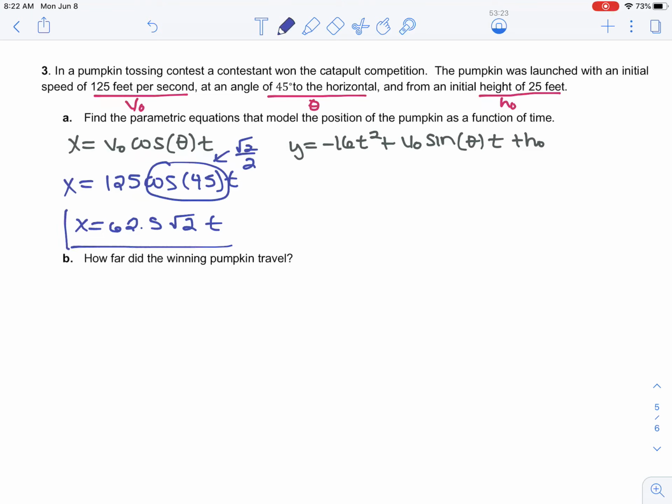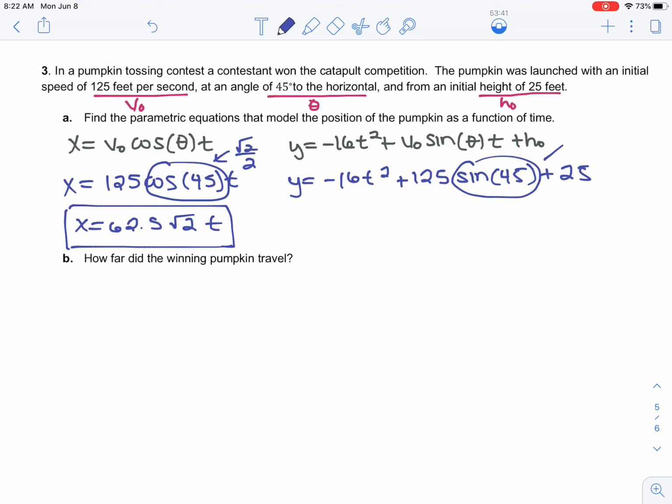Okay, so here is our horizontal equation, and then we can go ahead and similarly calculate our vertical equation. So negative 16t squared plus 125 sine of 45 plus that initial height of 25.